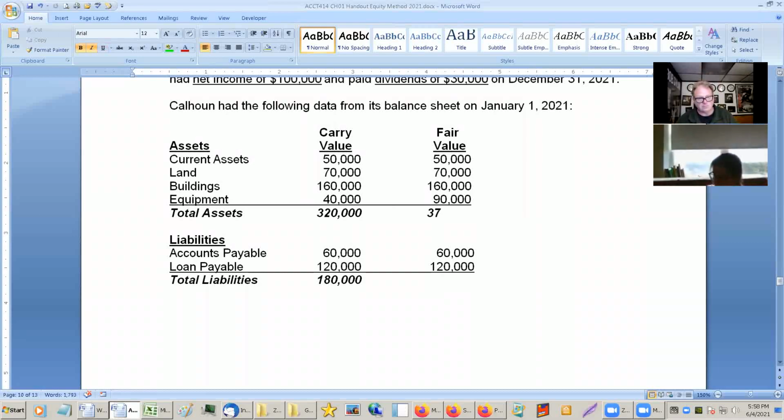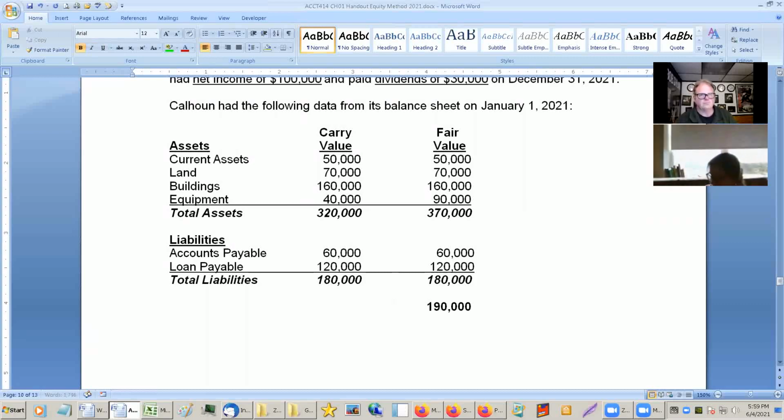So there'd be the excess value of 50K only on the equipment, not on anything else, and that would be times 30%, which would be, let's see, 15,000. So that would be the excess value.